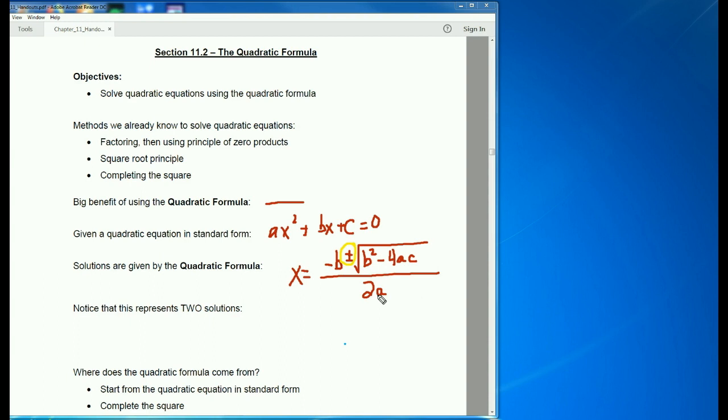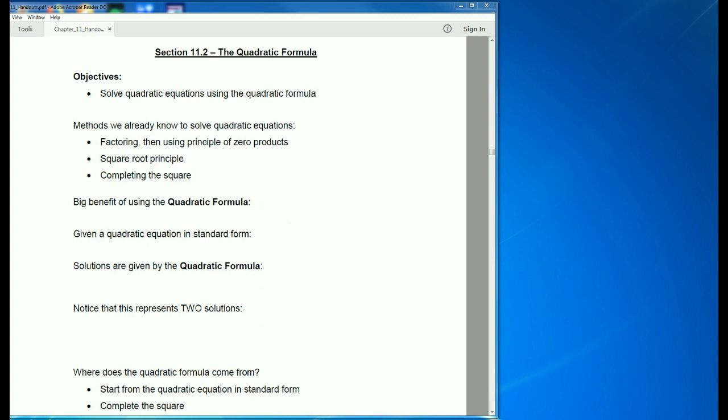And then the second solution would be negative b minus the square root of b squared minus 4ac all over 2a. Okay? So it gives you solution 1 and solution 2 based on whether you have the plus or the minus in the numerator there. Okay? Okay, I'm going to erase that and scooch down.